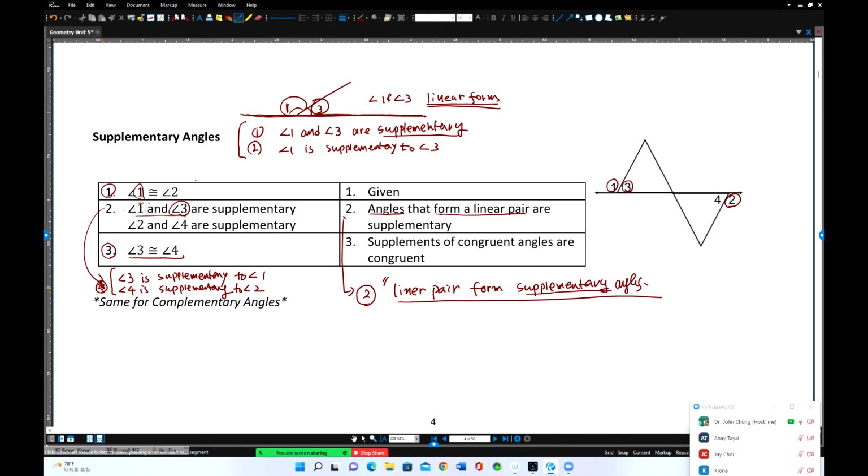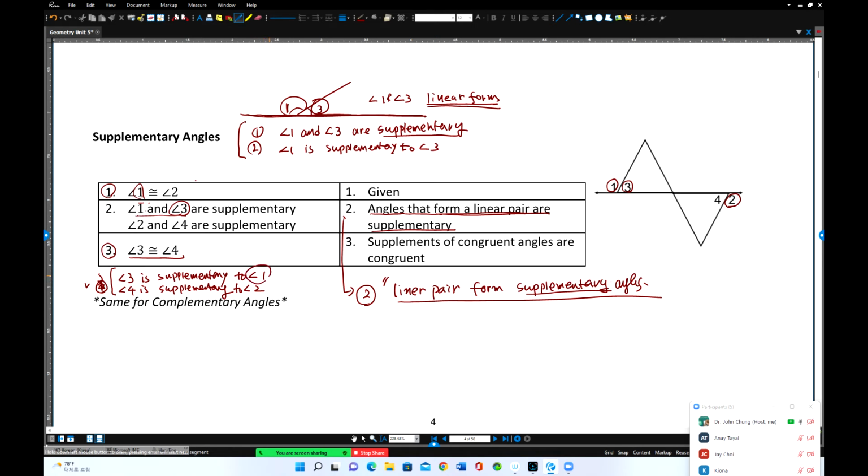Okay, angle 3 is supplementary to angle 1, right? Because they form supplementary. But it doesn't matter, okay? Some teachers, they use this one. Some others, they use this one, okay? It doesn't matter, nothing different. It's the same thing. But the reason you have to use either of this one. Okay? Just one. Angles that form a linear pair are supplementary. That's fine.